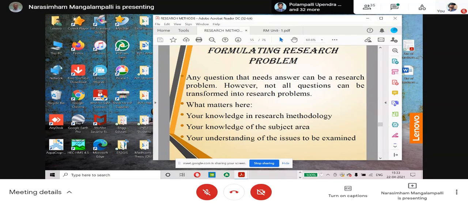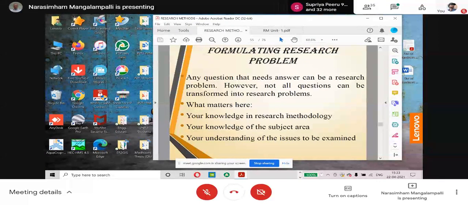Whatever problem you identify in the field, by studying, or through discussion with people, you can find ways and means of how that problem can be solved through your research by having proper information and knowledge of the research methodologies.